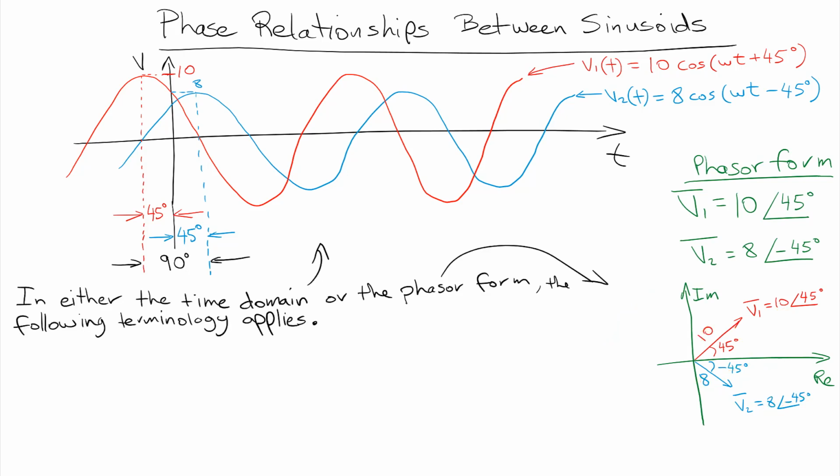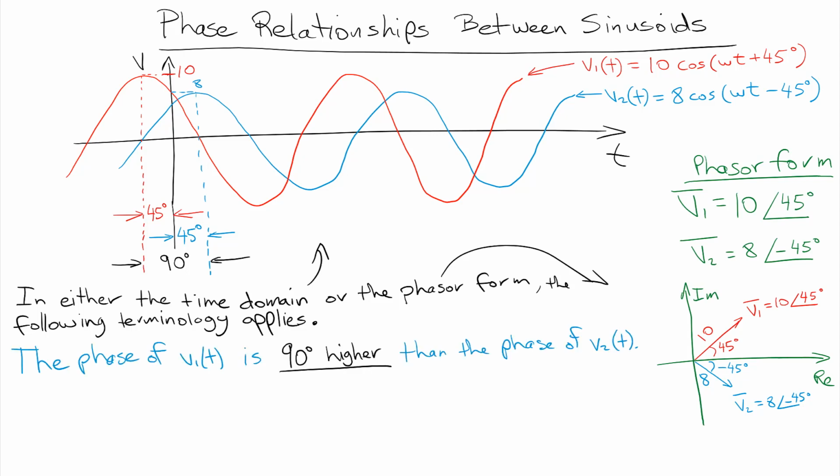So now, either looking at the time domain waveforms on the top, the sinusoids, or at the phasor form on the right, we can apply the following terminology. We can say that the phase of V1 is 90 degrees higher than the phase of V2. That means we have a leftward shift of V1 compared to V2, a shift of 90 degrees in the time domain waveforms.